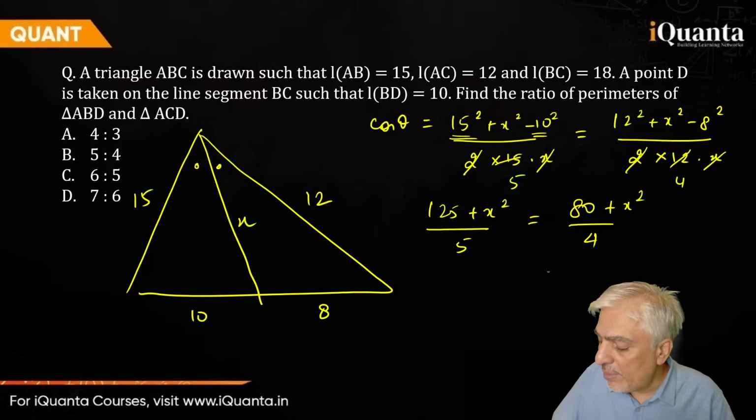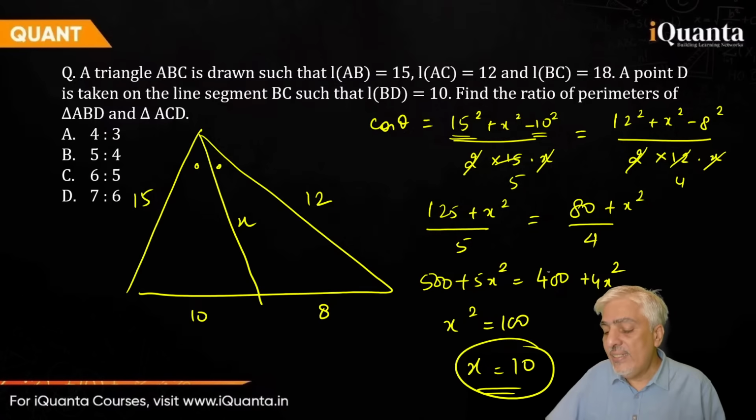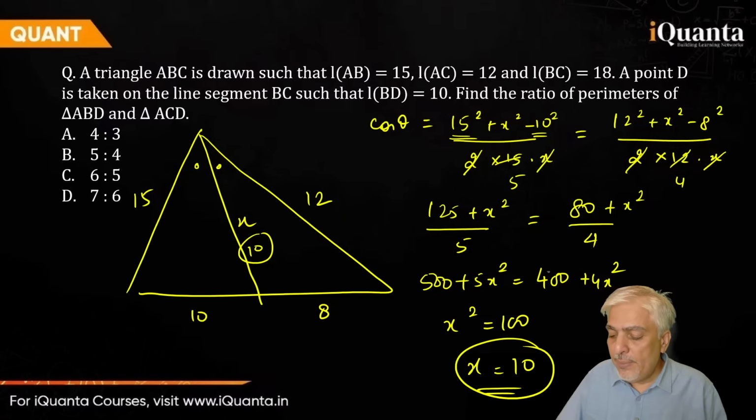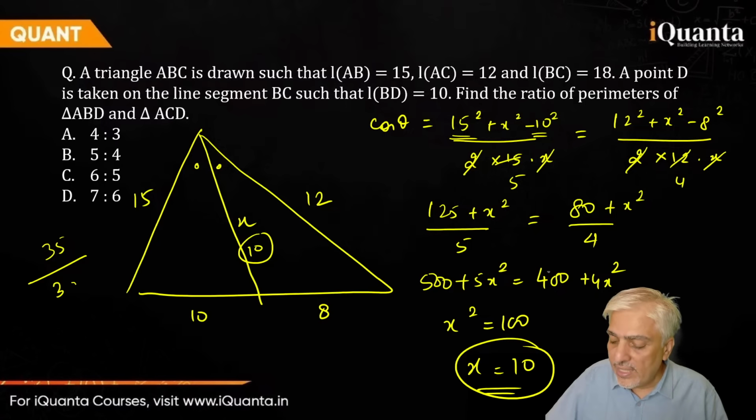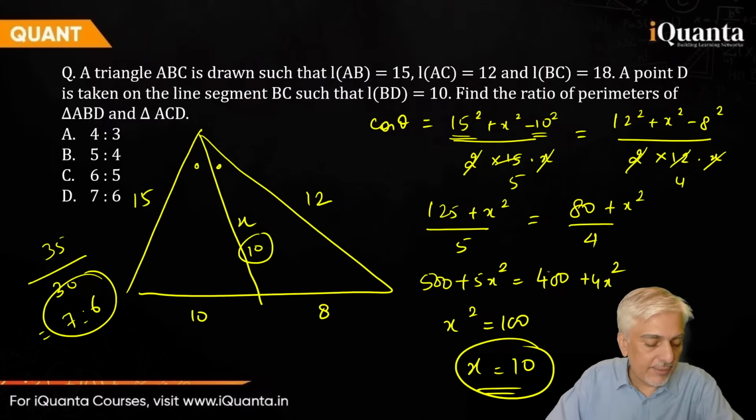Cross multiplied, that gives me 500 plus 5x square is 400 plus 4x square. X square is 100, x is 10. Once I got x is 10, the perimeter became 35 upon 30, 7:6. Okay, somebody wanted me to repeat it, I've repeated.